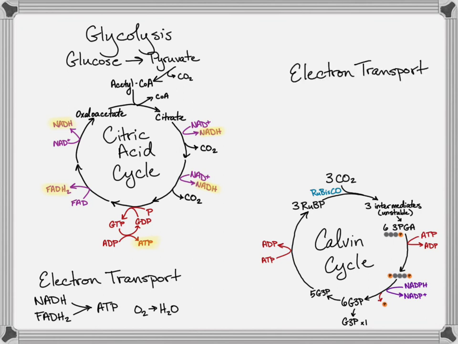So you start here with the electron transport chain, which is the light-dependent reactions, and that removes electrons from water, creating oxygen, and uses those electrons passing through the electron transport chain to generate energy for NADPH and ATP.